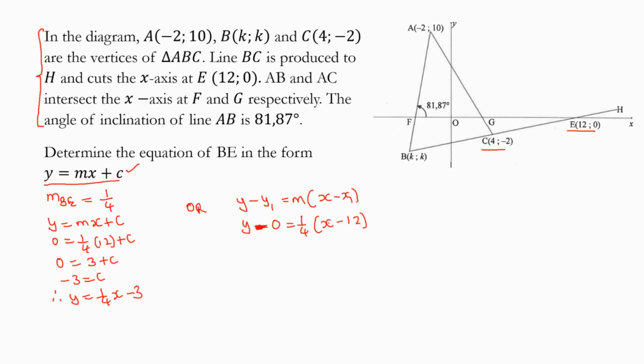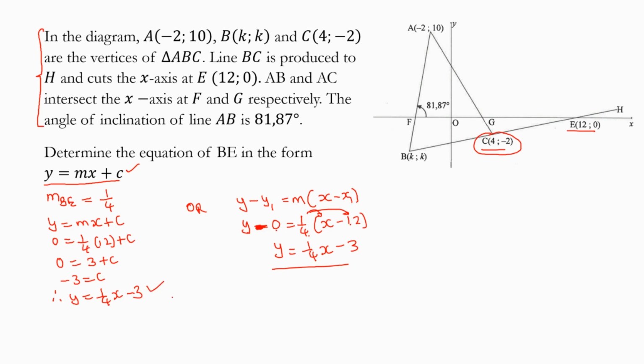Then let's distribute the 1 over 4. y minus 0 is y, so y is equal to 1 over 4 x minus 1 over 4 times 12, which is 3. Done.